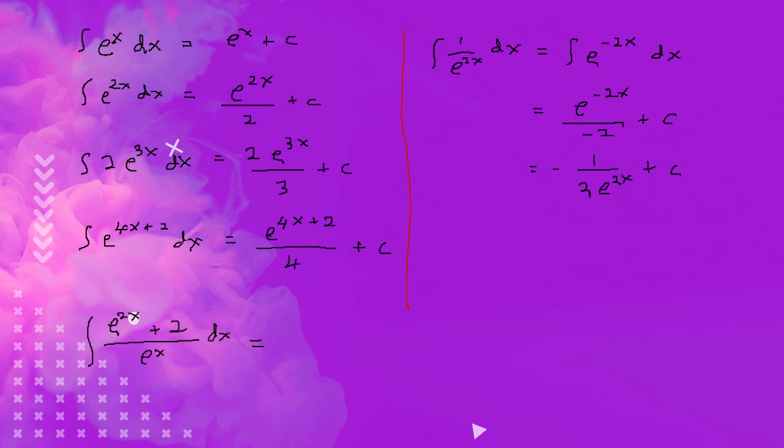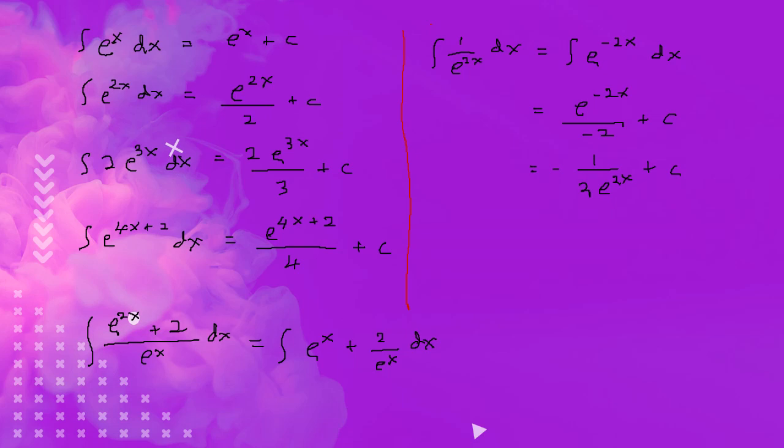Alright, next we want to integrate (e^(2x) plus 2) divided by e^x dx. So for this problem, we need to separate and simplify our function first. So this one we can separate, dividing e^(2x) over e^x. So we get e^x plus 2 over e^x dx.